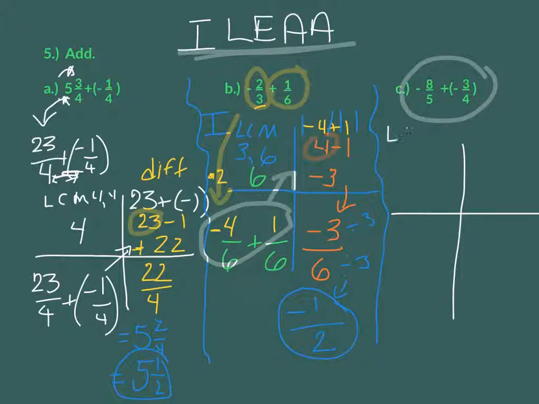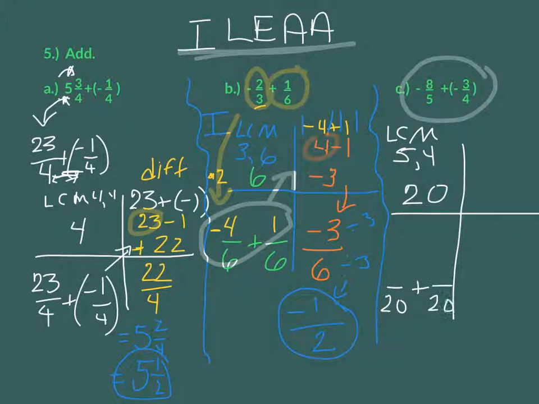The first thing I need to do is find the least common multiple of 5 and 4. Remember, that's the lowest number that both 5 and 4 go into. The first number that both 5 and 4 go into is 20. So I'm going to come down here. I know both of my denominators are going to be 20.